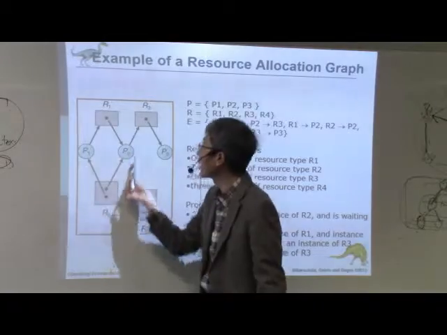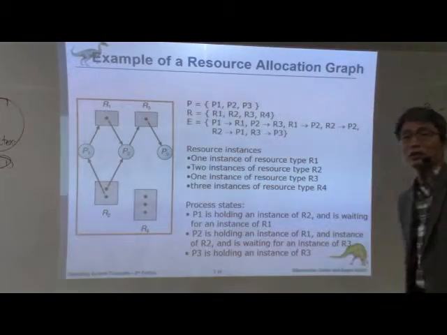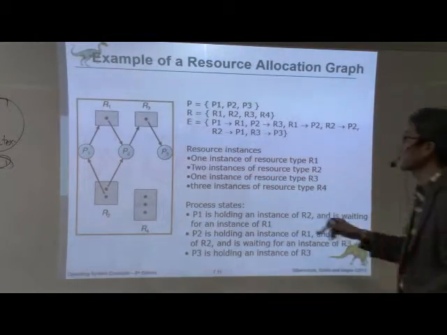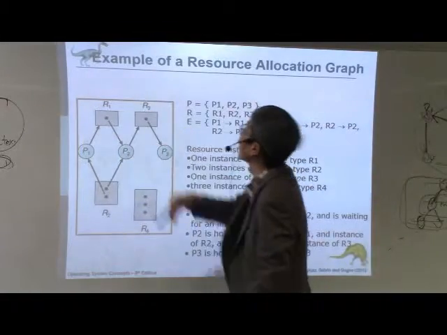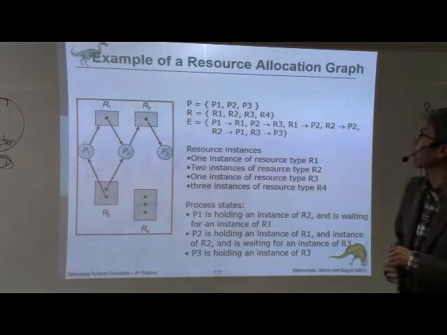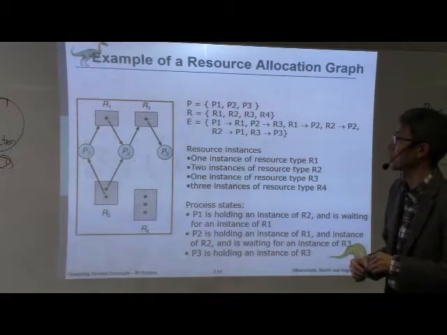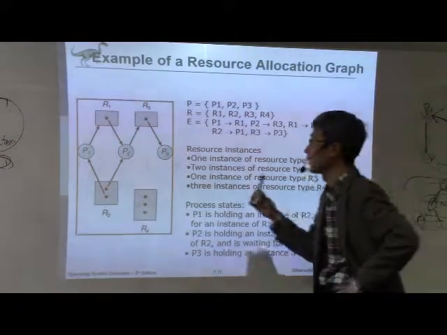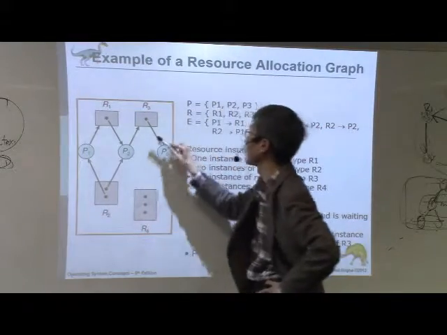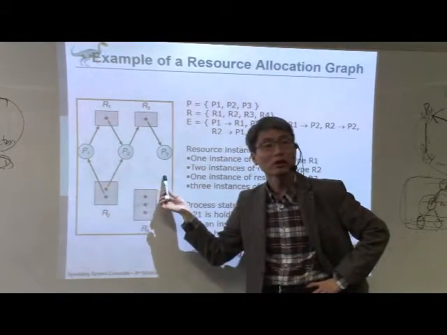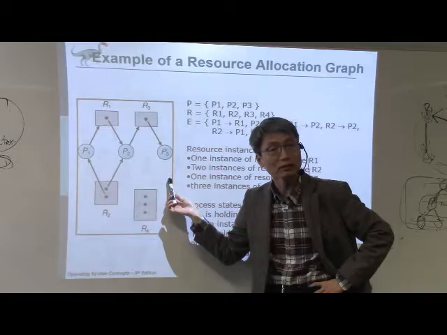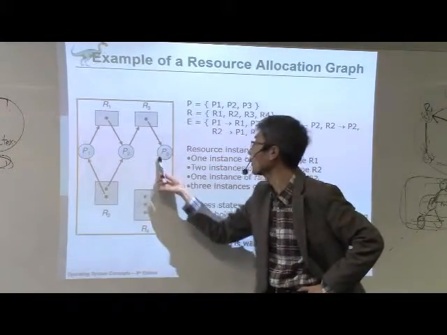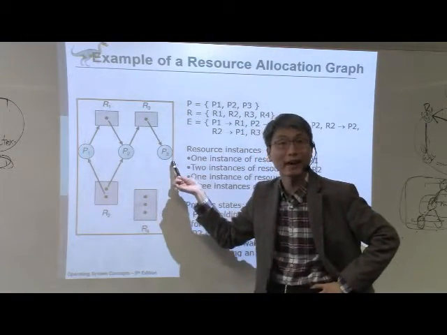However, even though we have such a circular graph, that doesn't mean it's always a deadlocked situation. It will eventually be completed. Why? Because P3 is holding, but it's not waiting for the other.